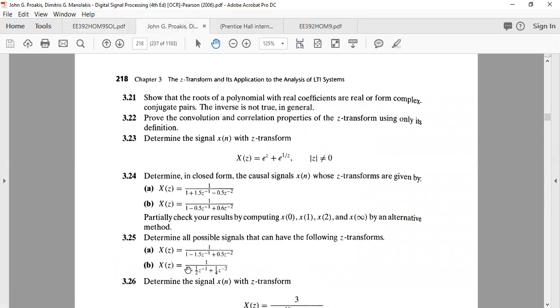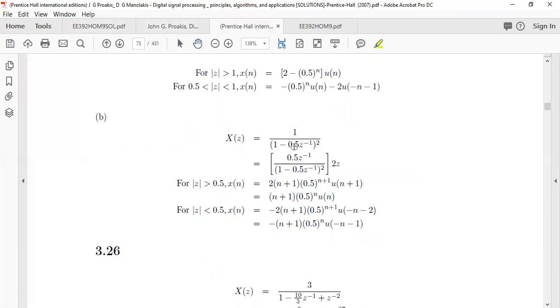You can rewrite this whole term. You can see that this denominator could be rewritten as 1 upon (1 minus 0.5 z to the power -1) whole squared, right? And based on that, you can further simplify the term over here.